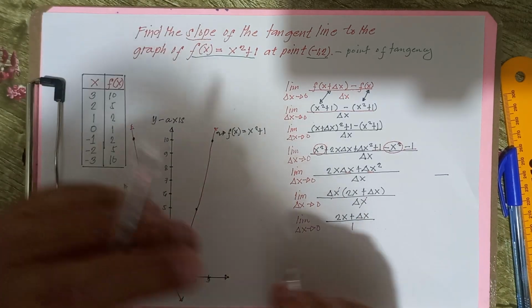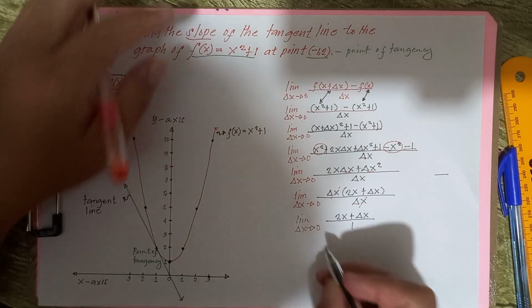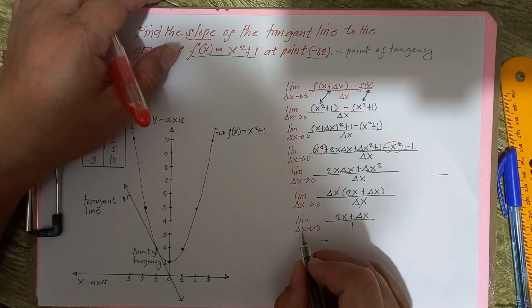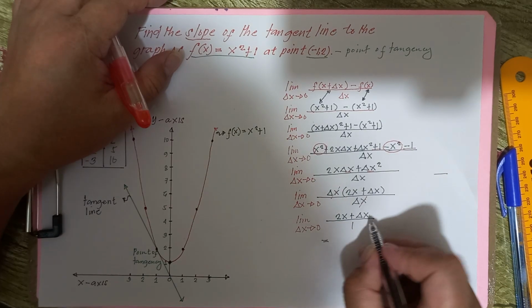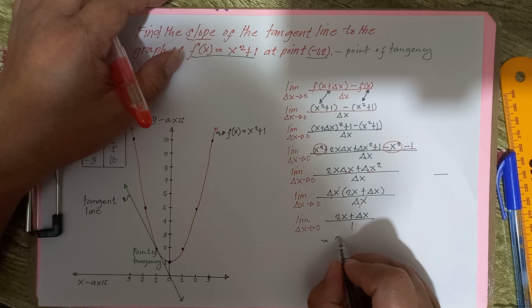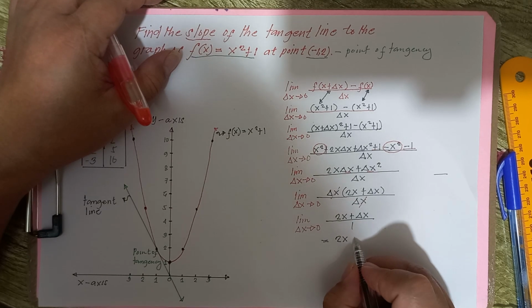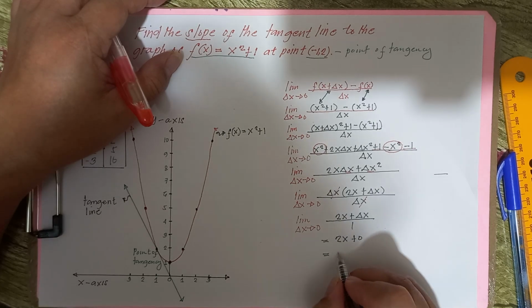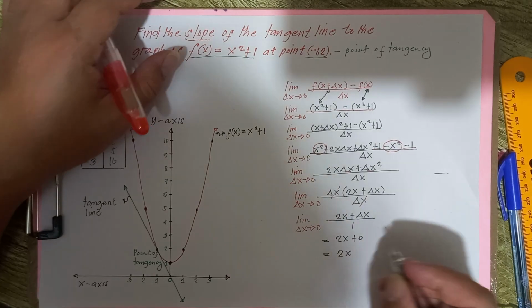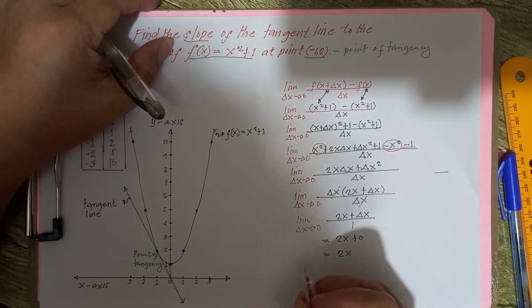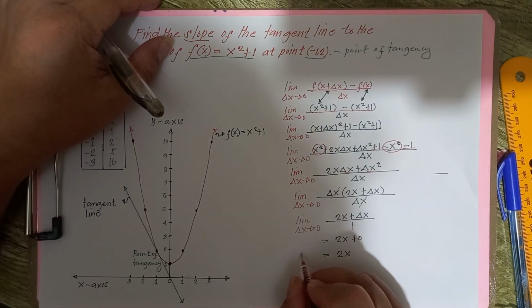Or that is the same as when we are going to simplify now, substitute change of x, we will substitute this one, so that is 0. So we have now 2x plus 0. It will give you 2x. Okay, 2x, meaning the 2x now is the slope.